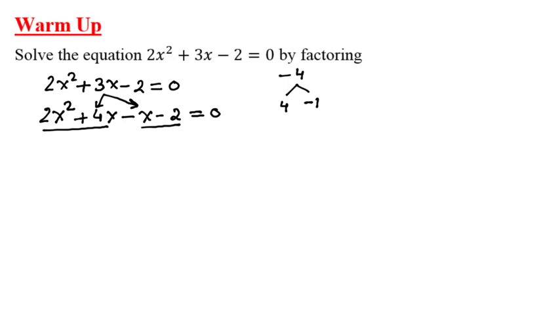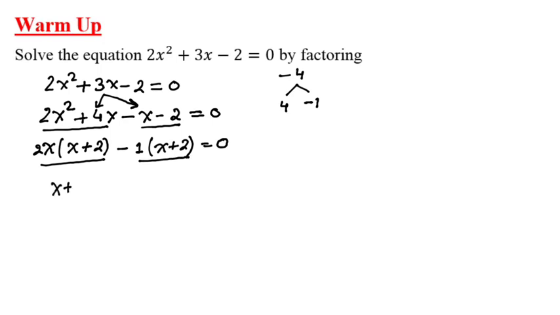In the first group, we have a common factor of 2x, so it will be 2x multiplied by x plus 2. In the second group, we have a common factor of negative 1, so it will be negative 1 times x plus 2 equal to 0. We still have these two groups, and in these two groups there is a common factor of x plus 2. You can factor that out, so it will be x plus 2 times 2x minus 1 equal to 0.